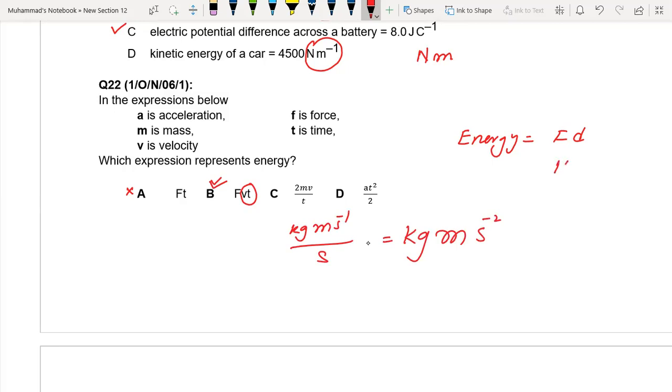The unit of energy is, you know, kg m square s minus 2. And even if you want to simplify option D, the unit of acceleration is meter per second square times the unit of time, that is second square. So this is m. So this expression has the unit of displacement. So we have to look for the unit of energy. So B is the correct option for this.